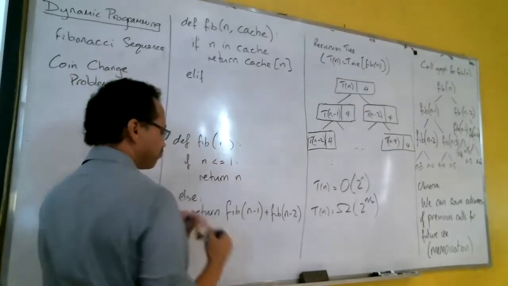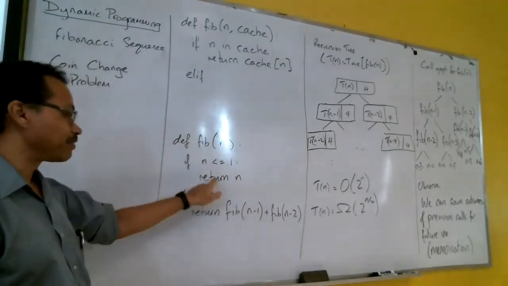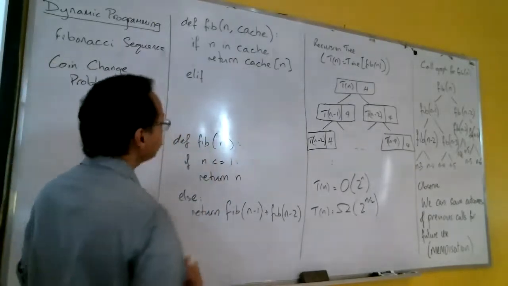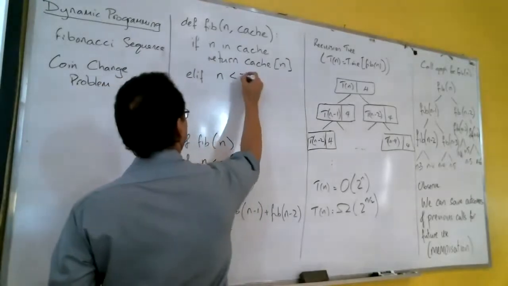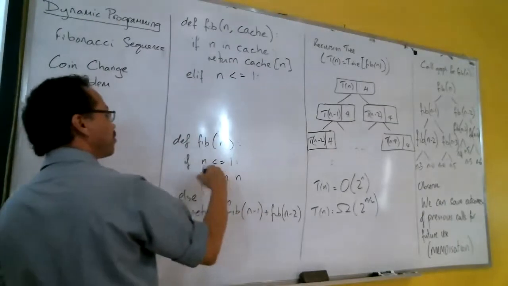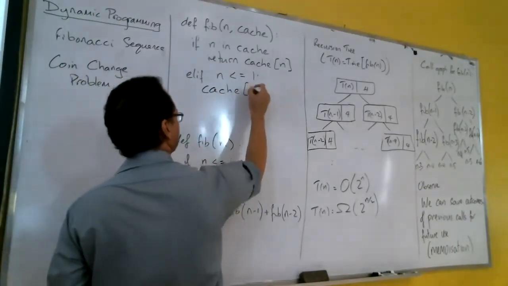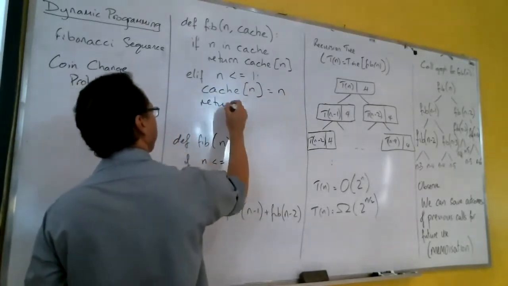And then if not, I'll just proceed to compute this code. But the key thing is that instead of doing a return, the first thing I do is save it in the cache. So like this. It's the same code, but here I'm going to save it first, and then I'm going to return it.